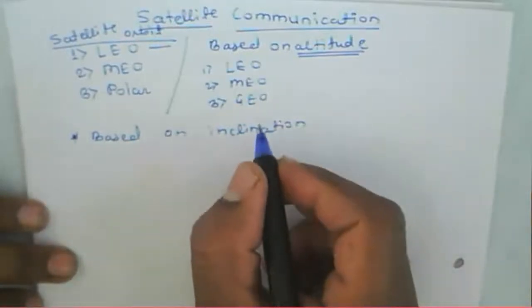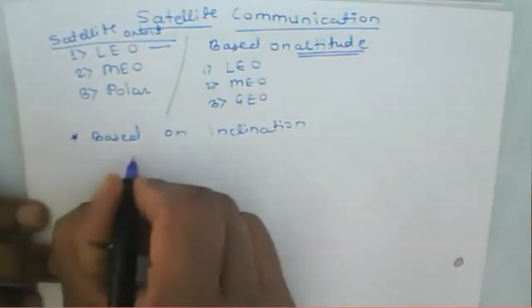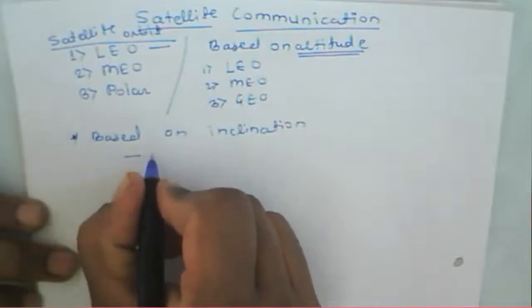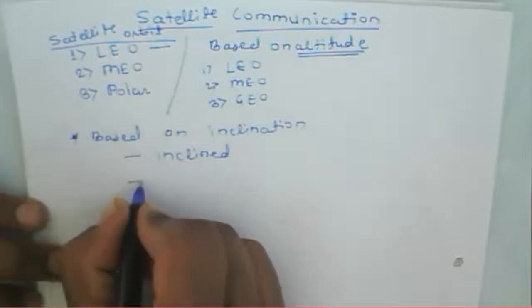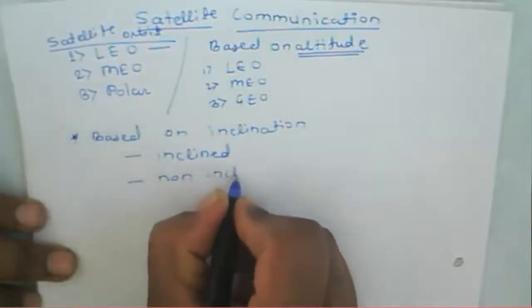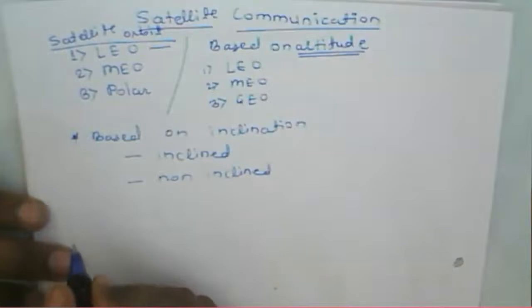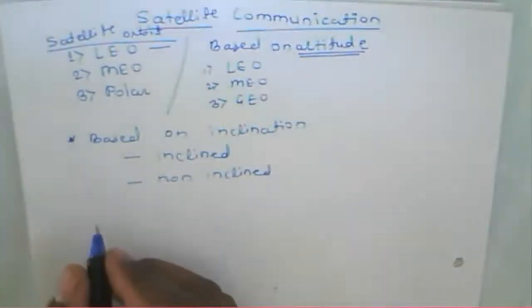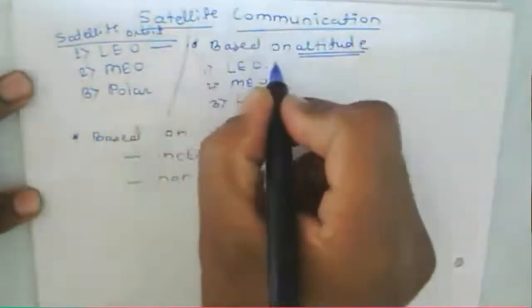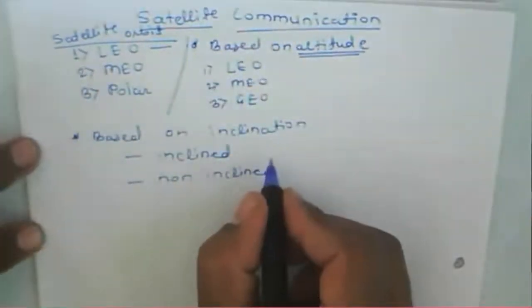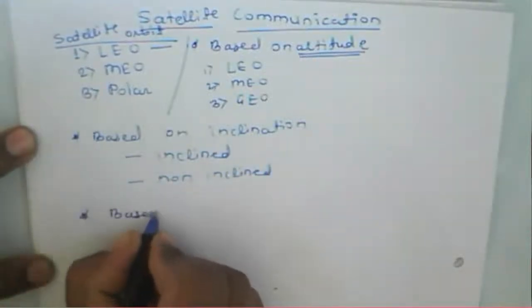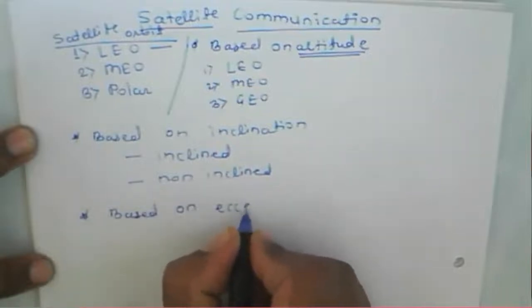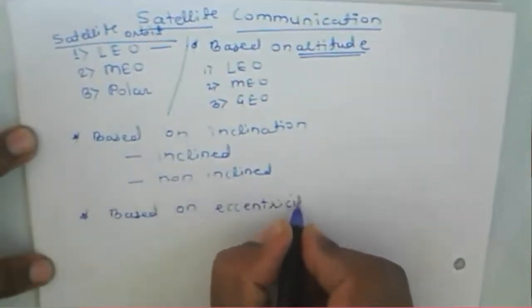Now, inclination means whether the satellite orbit is inclined or non-inclined. That orbit is an inclined orbit or a non-inclined orbit. So here we say it is based on altitude, based on inclination, and then again based on eccentricity.